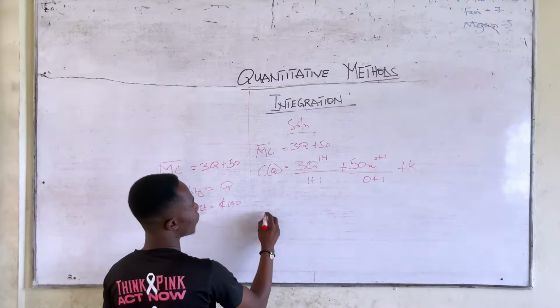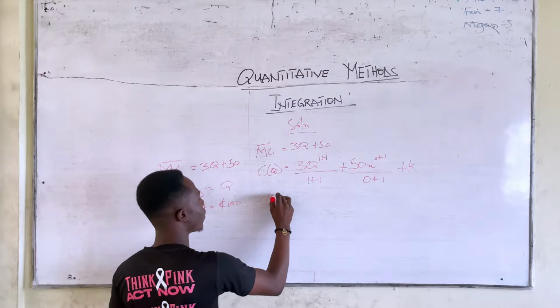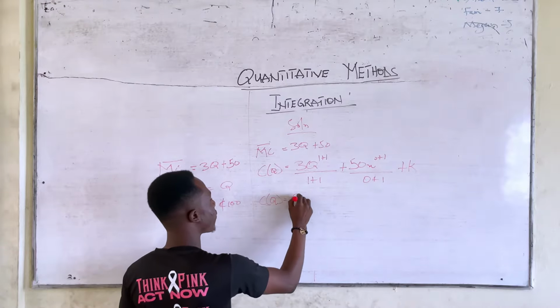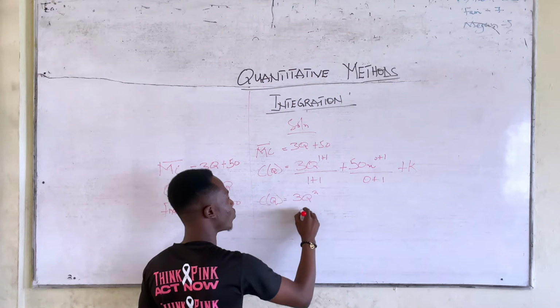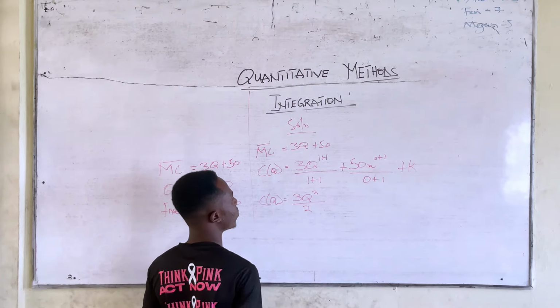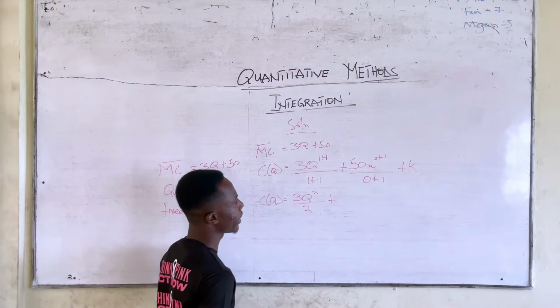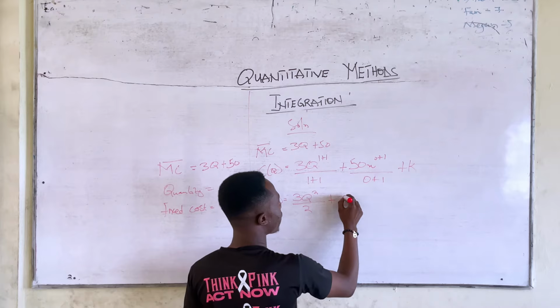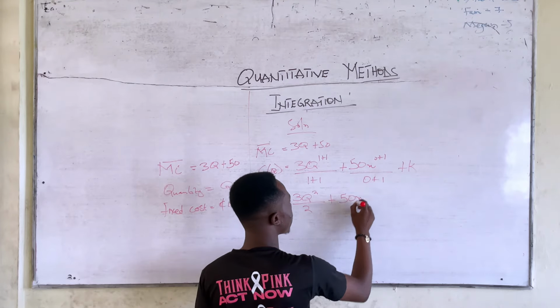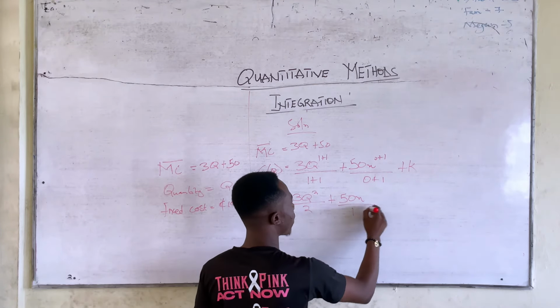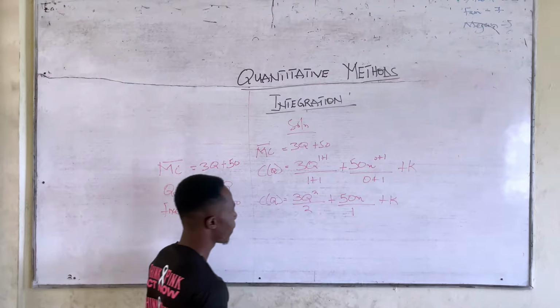So C of Q is equal to 3q, exponent 1 plus 1 is what? 2, divided by 2. Plus, then we have 50x over 1 plus what? K.